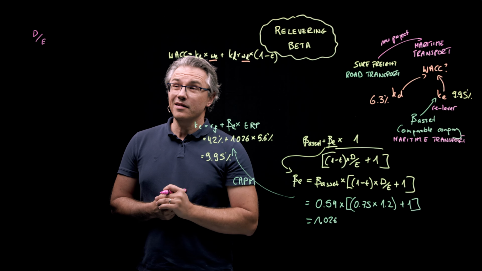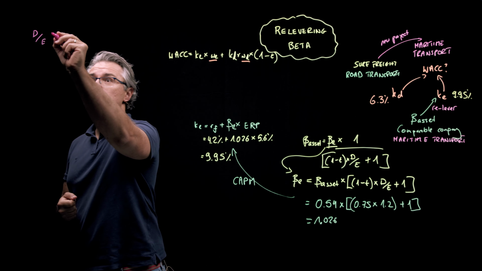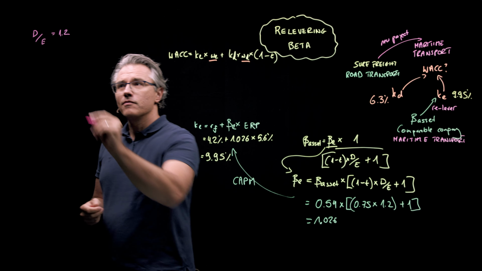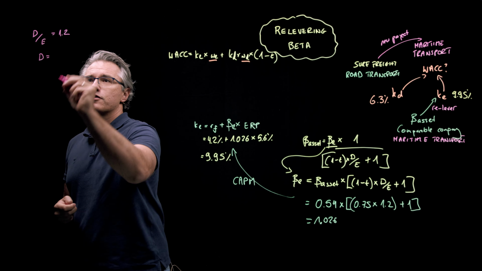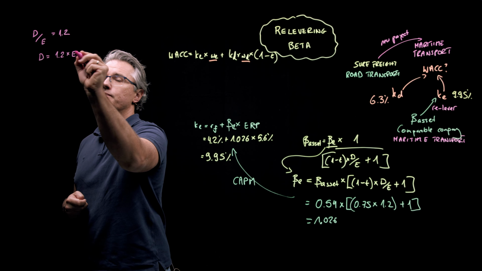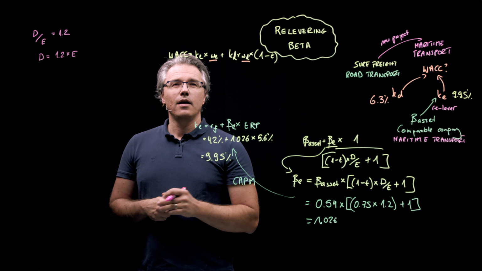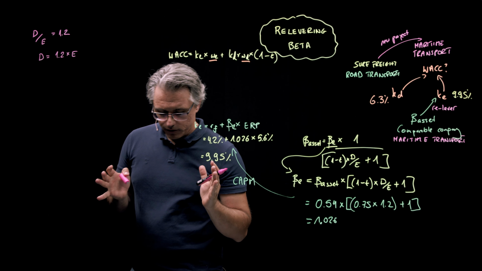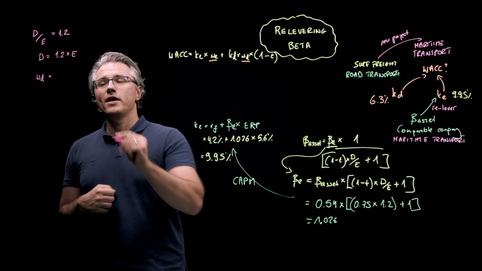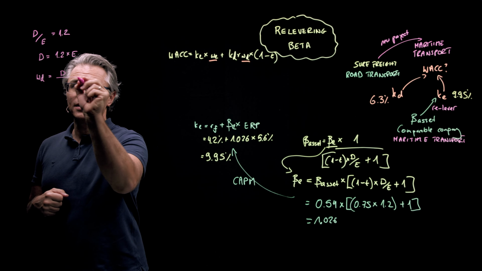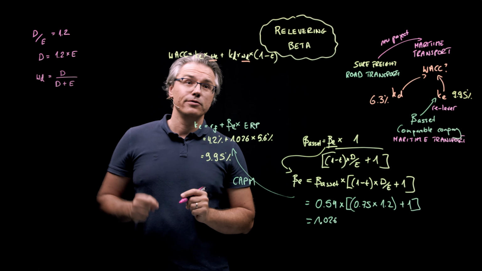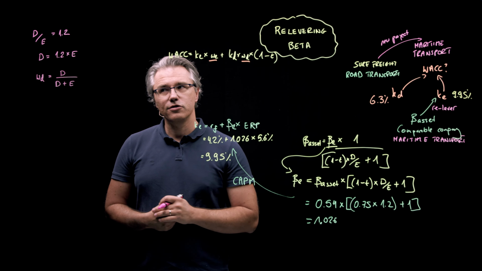So the D to E ratio is 1.2. Now, let's therefore express D as a function of E. So this is going to be 1.2 times E. And what I now want to do is write the expression for the weight of debt. Weight of debt is D divided by D plus E. Now, I'm going to do a little bit of substitution.